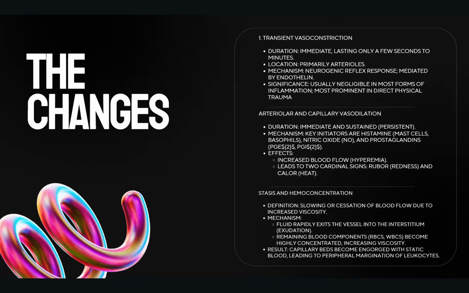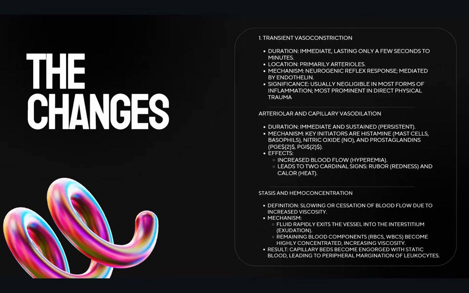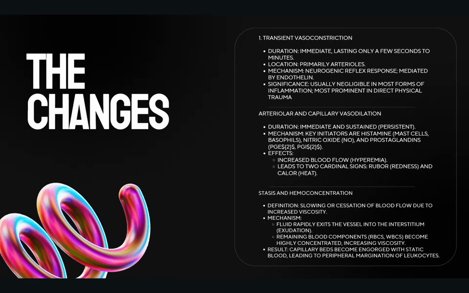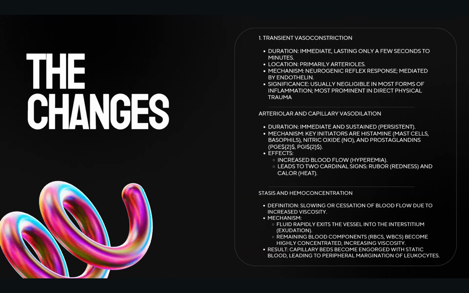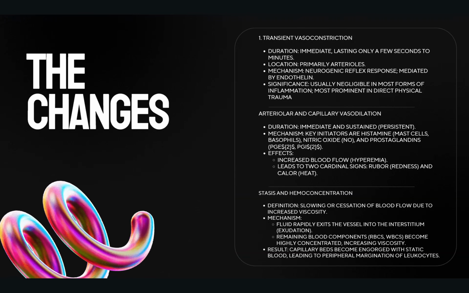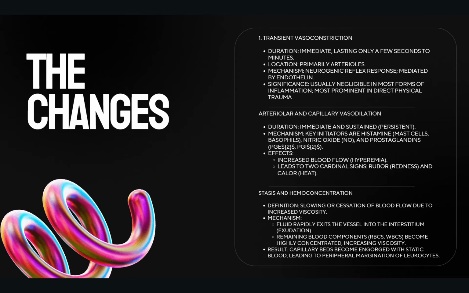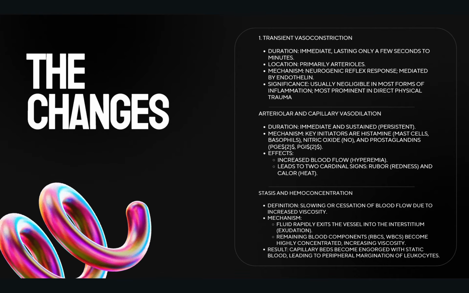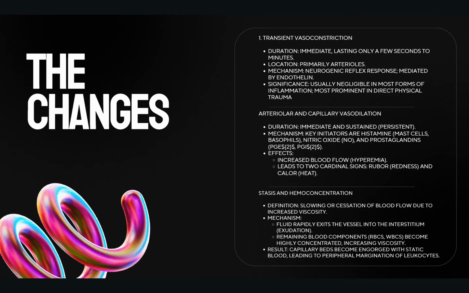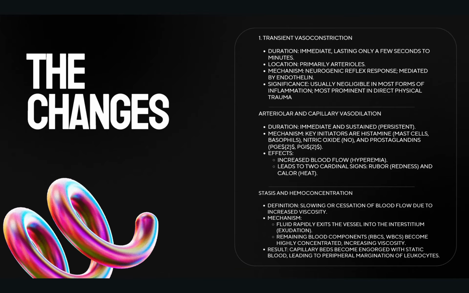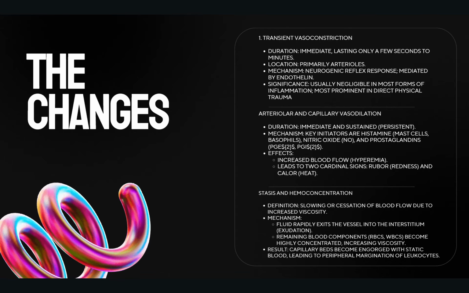It's mediated by a local neurogenic reflex and release of potent local vasoconstrictors like endothelin. Crucially, it lasts only a few seconds to a few minutes at most and often holds negligible clinical significance. Its primary purpose is a brief restriction of hemorrhage following trauma.